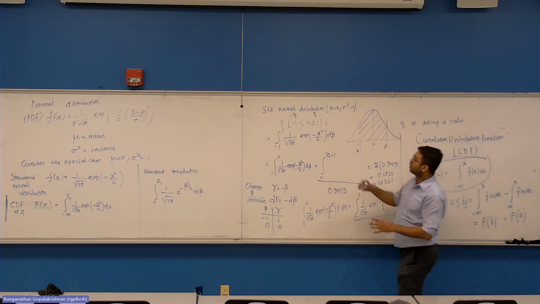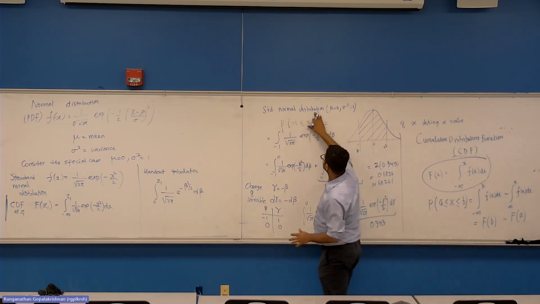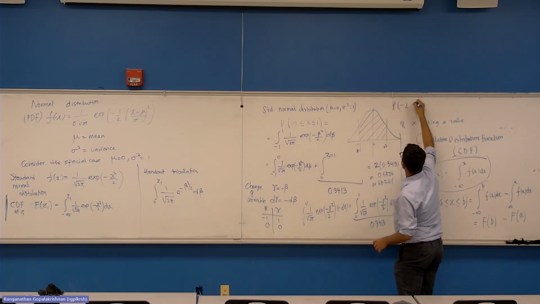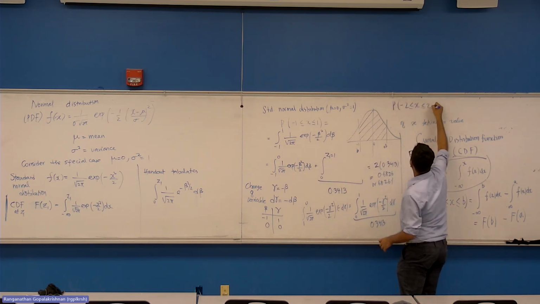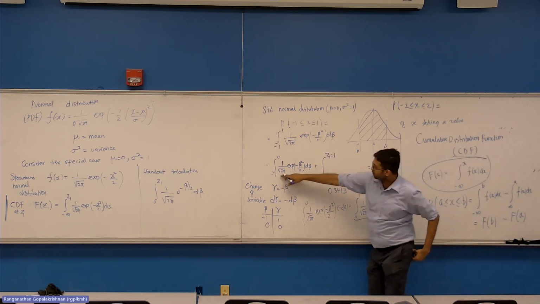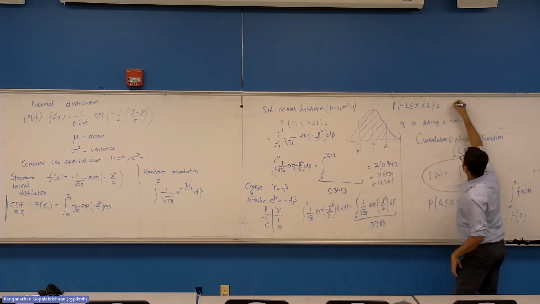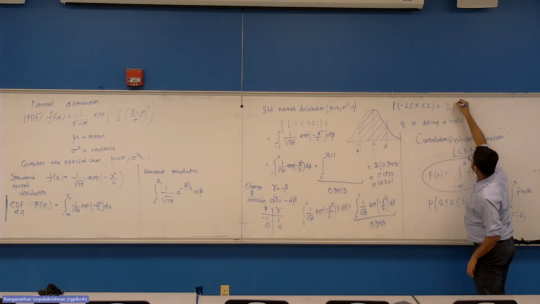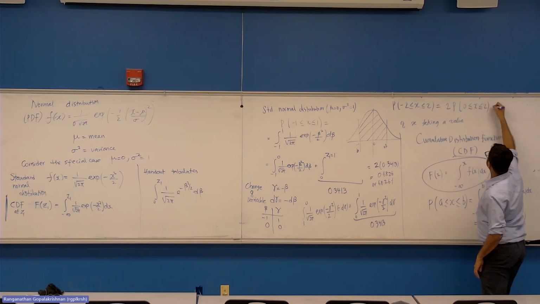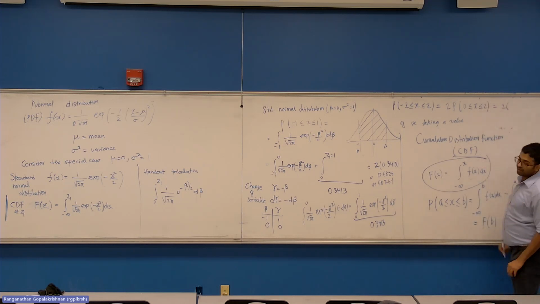Can you go ahead and compute the probability for -2 to +2, within 2 standard deviations? Since this function is even, this is almost like writing 2 times the probability of 0 less than or equal to x less than or equal to 2, which is 2 times the table value for 2.00.